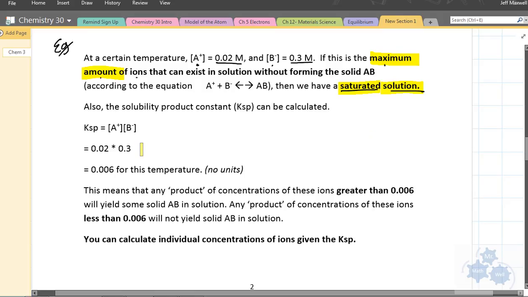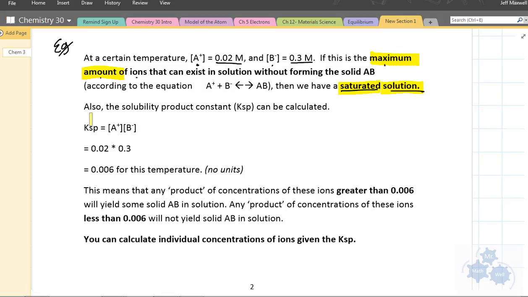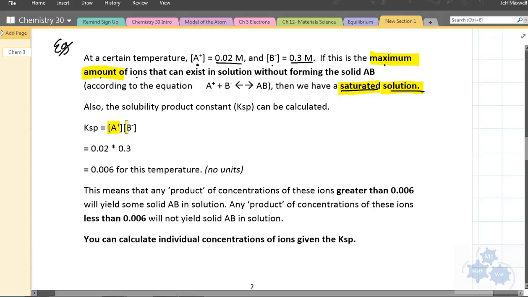Then we could also calculate the Ksp. In a saturated solution, if we know these concentrations, we simply find the product, and that's the Ksp.